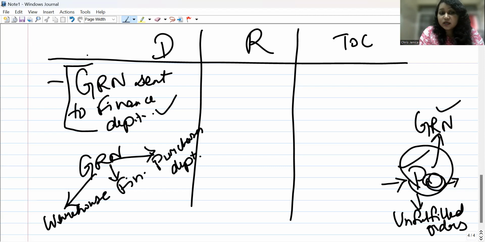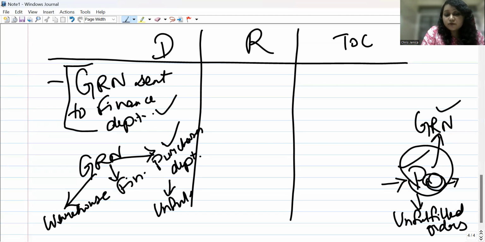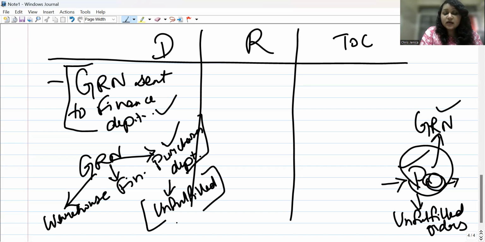So why am I calling it a deficiency? Because it is not sent to the purchasing department, I will not be able to know the unfulfilled orders. So not sending it to the purchase department is the why reason, and unfulfilled orders is the impact. You will not be able to know what the unfulfilled orders are or whether the correct goods have entered the warehouse, right?